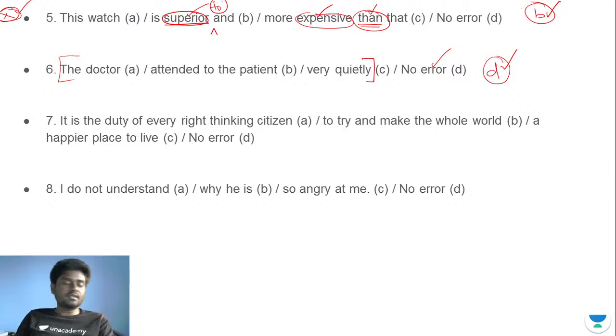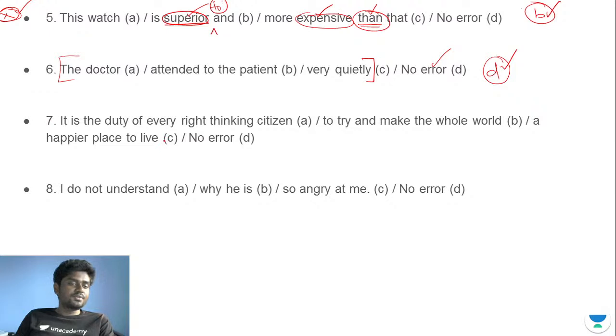So what part exactly will be the error for the seventh one? That is, it is the duty of every right thinking citizen to try and make the whole world a happier place to live. It should be what?